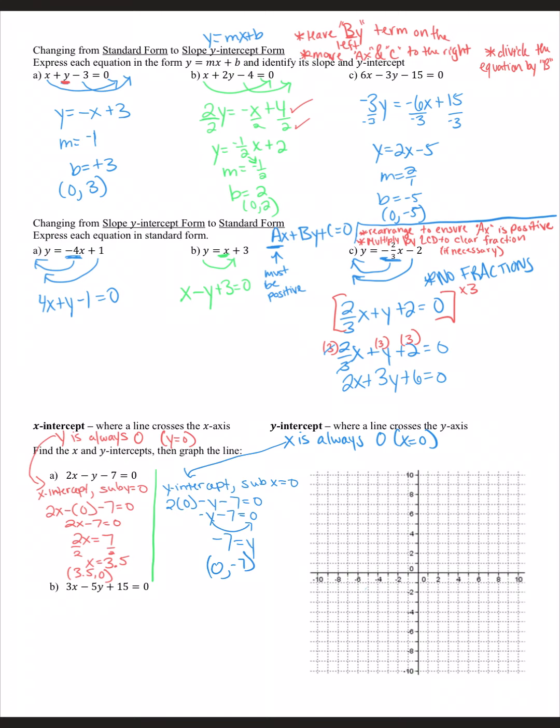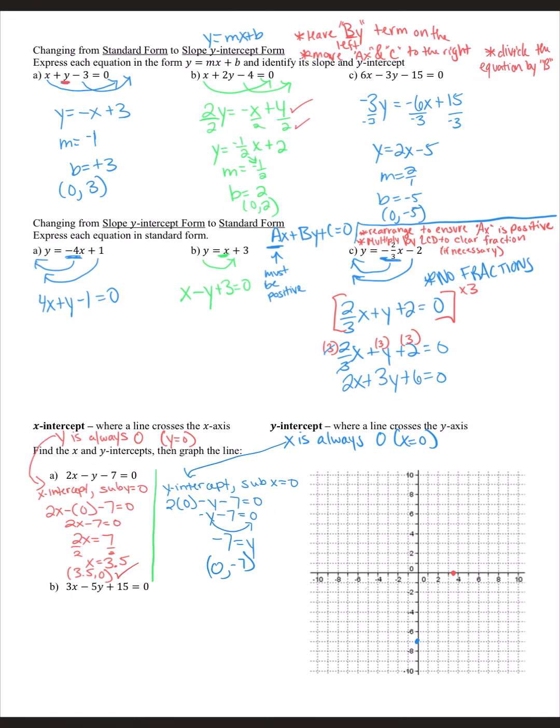Okay, I'm going to plot those points so that I can draw a line. So my first point I'm going to plot is that 3.5 and 0. So I'm going to go over 3.5 and up 0, so something like that. And then my next point is 0, negative 7. So as soon as you have two points, you're able to essentially draw a line.